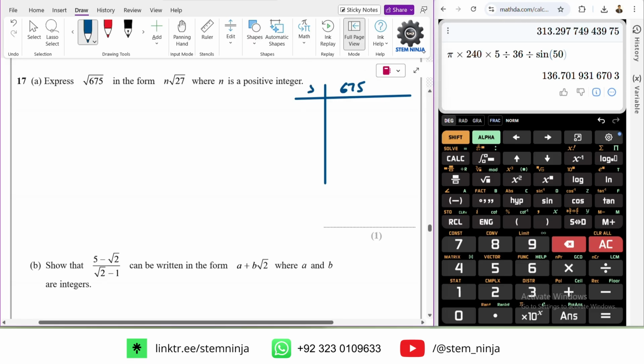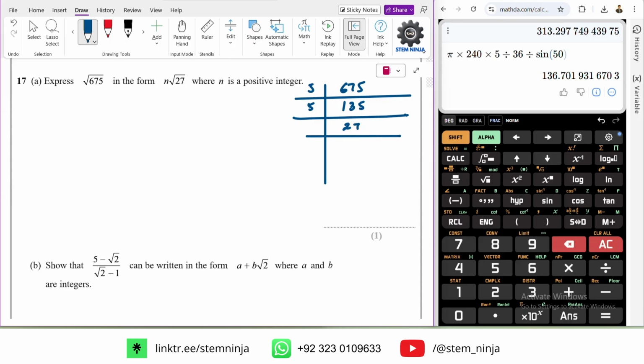So this is divisible by 5, so 675 divided by 5 gives 135, then 5 again gives 27.